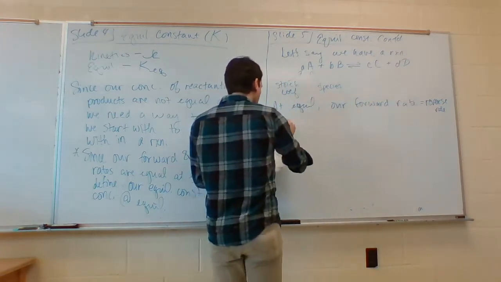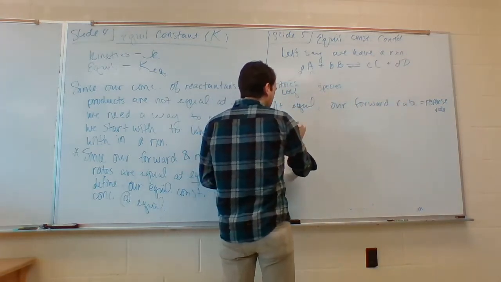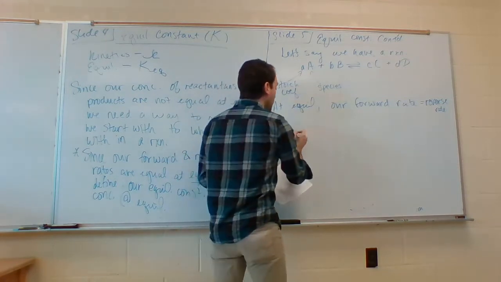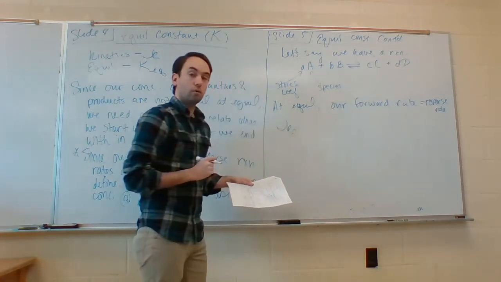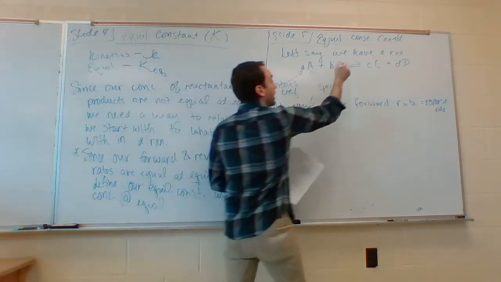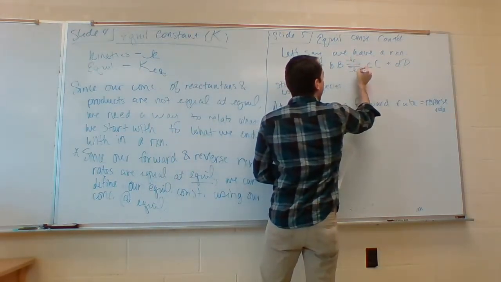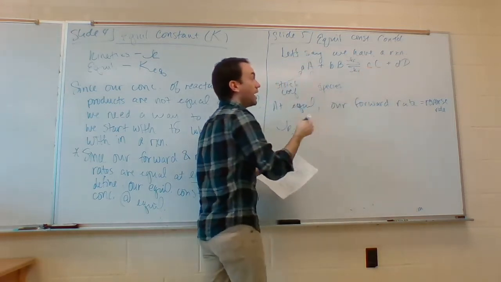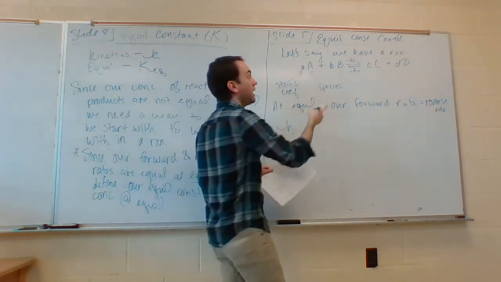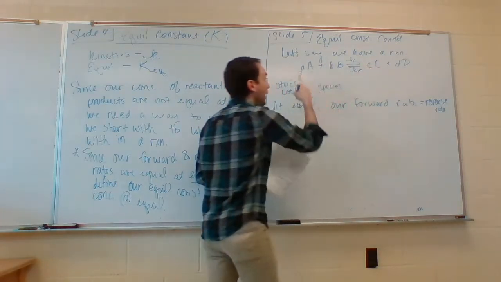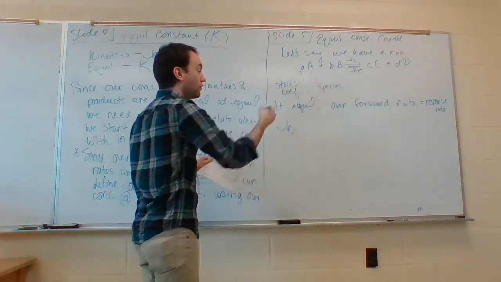So if that's true, then if we're looking at our rate going forward, using our elementary reactions that we talked about, we have a rate constant going forward. We had a Kf, and we had a Kr, and Kr was the same thing as K minus F, but I'm just going to call that Kf for going forward and Kr for going backward.